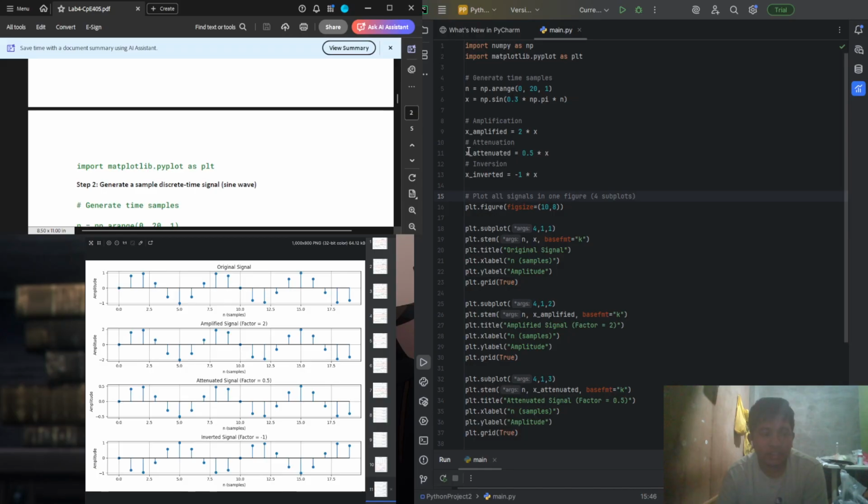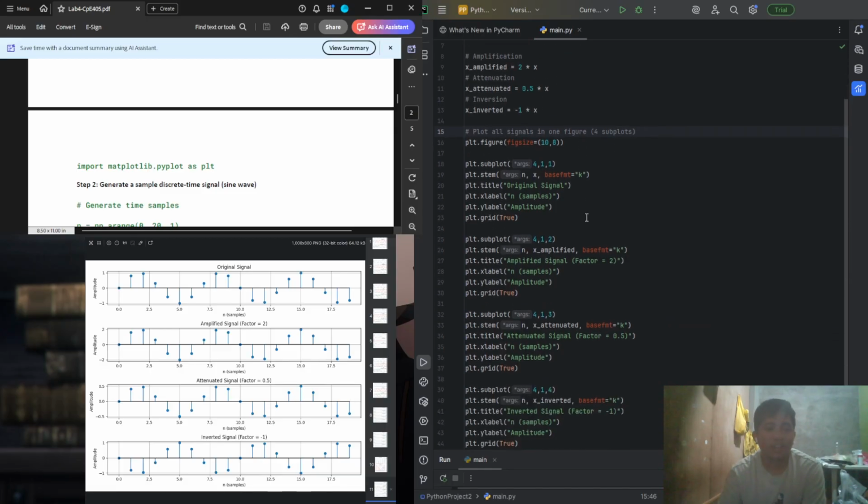When the signal is attenuated, which is multiplied by a factor between 0 and 1, the amplitude of the signal decreases. So we have here a factor of 0.5, which is between 0 and 1. Here we also define the variable for the inversion of the signal, which is multiplied by a factor of negative 1. So it reverses on the horizontal axis.